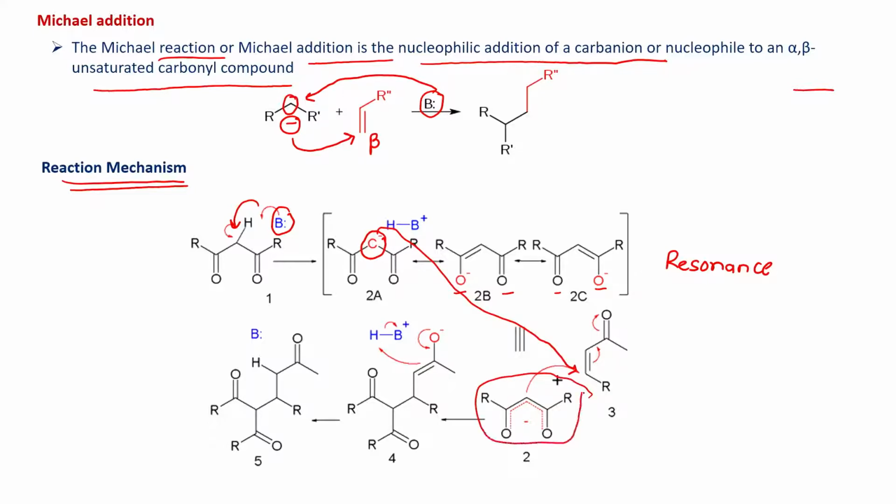So this carbanion will react on this beta carbon, and you will get your product 4, and from product 4 the carbon will abstract hydrogen from oxygen and you get compound 5. So this is Michael addition reaction.